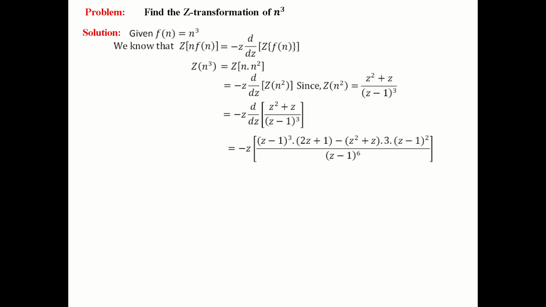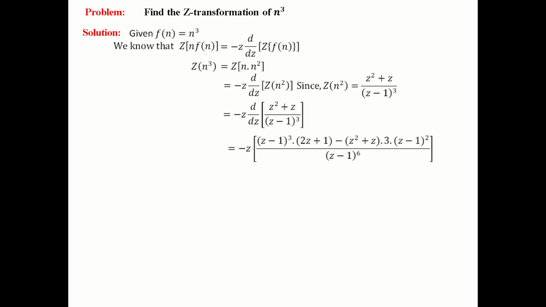Then v into the derivative of u, the derivative of the numerator. So z minus 1 whole cube into the derivative of the numerator: for z square it is 2z, for z it is 1. So you will get 2z plus 1, minus, now you keep the numerator u, z square plus z, and the derivative of v, the denominator.